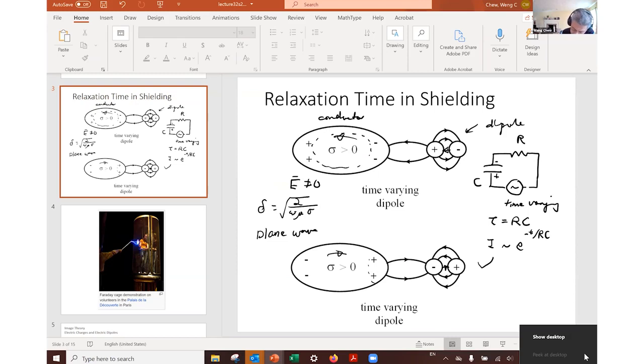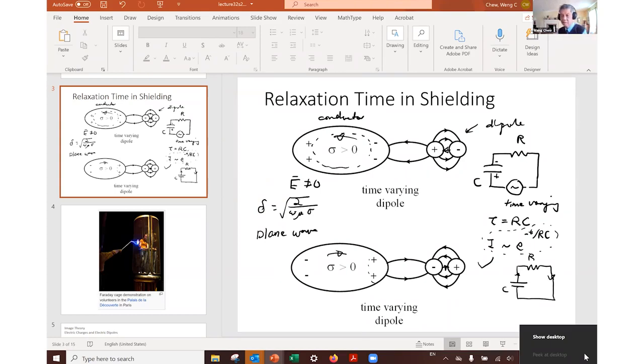If you were to switch the voltage source off, you take the voltage source away, and then let some current flow in this circuit, and ask yourself, how long does it take before the charges go away?